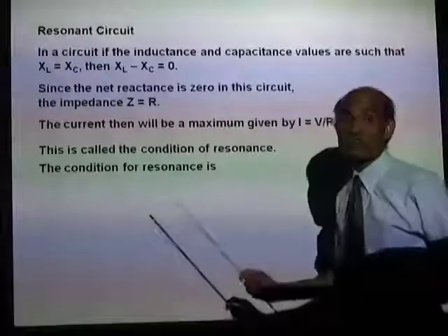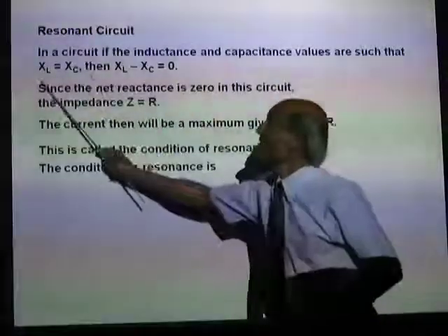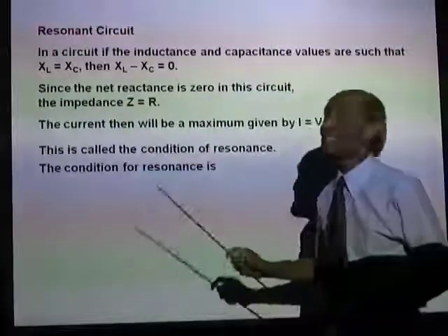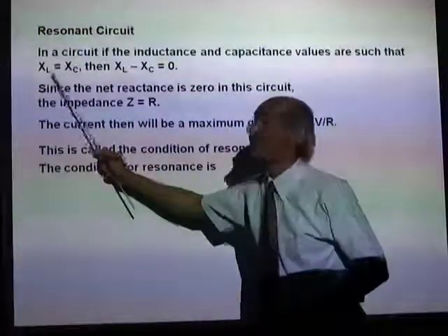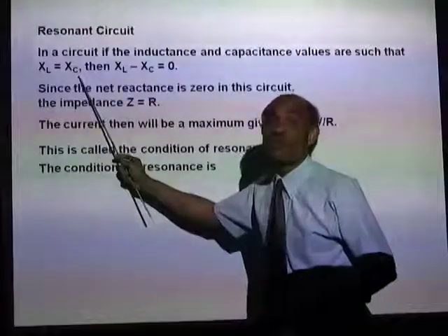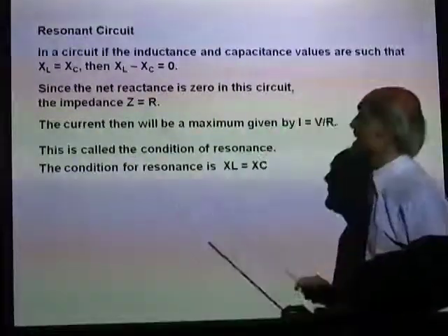So the condition for resonance is XL equal to XC. XL is 2 pi FL. XC is 1 over 2 pi FC.